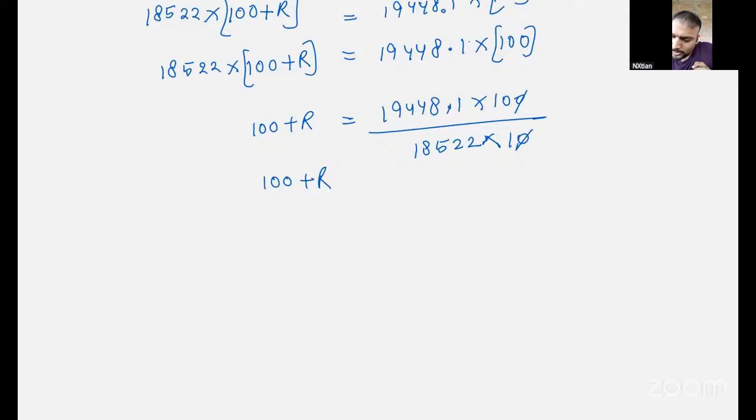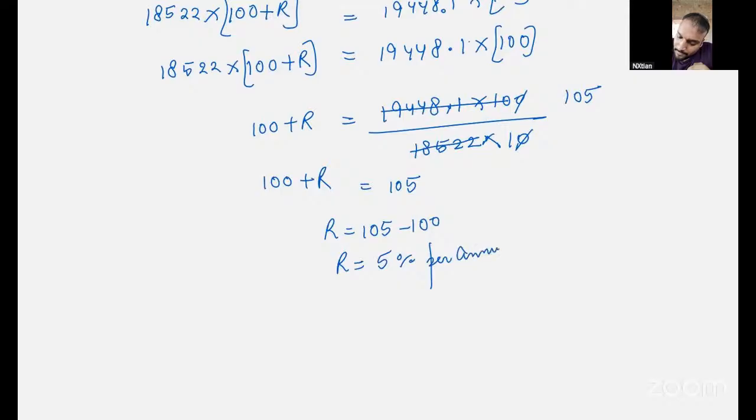I got the answer as 105. Okay, so if you divide it, you will get the answer as 105. So it is 105, then r will be 105 minus 100, so r will be 5%. Got it?